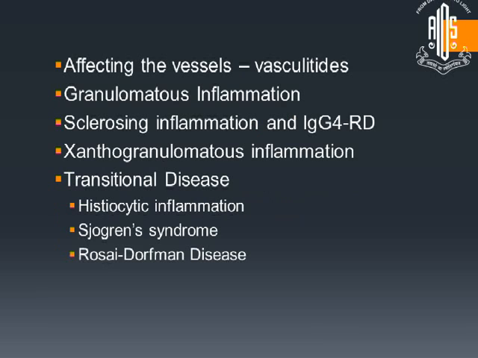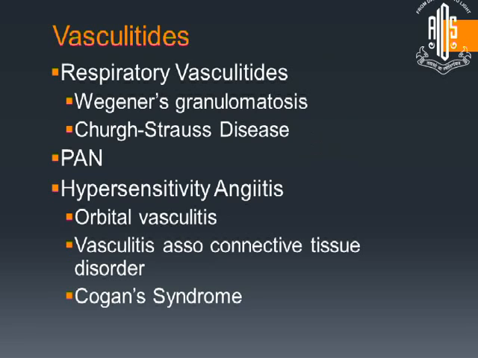We are looking at disease affecting the vessels, the vasculitis, granulomatous inflammation, sclerosing inflammation and IgG4 related disease, xanthogranuloma inflammation, and the set of disease called the transitional diseases. Among vasculitis, the major ones we focus on are Wegener's and Schwartz's.